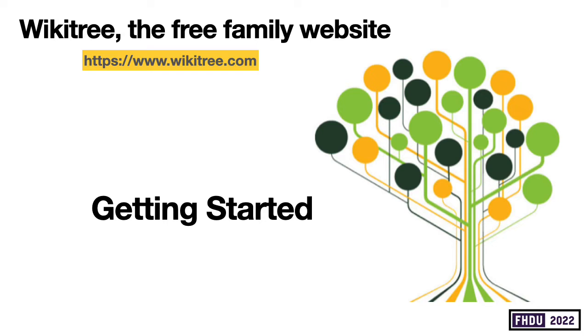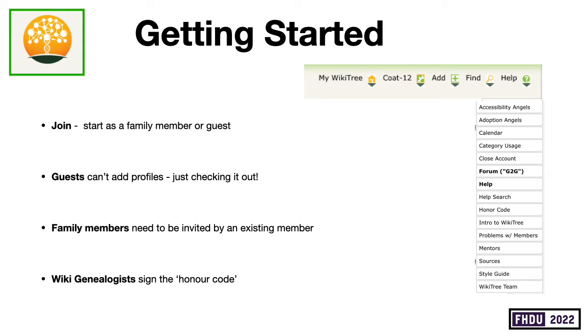So what do you need to do to get started? When you first join, you can start as a family member or a guest. Now, guests can't add profiles, but guest access gives you the opportunity to look around the site and check it out. Family members need to be invited by an existing member.